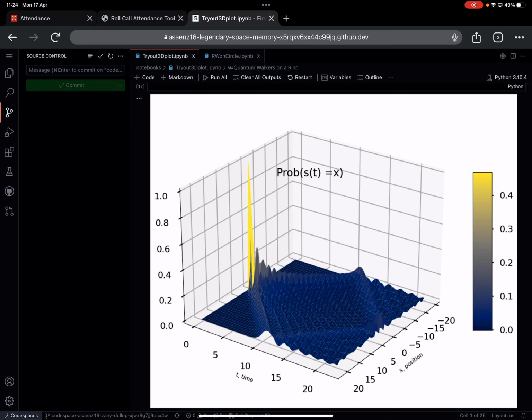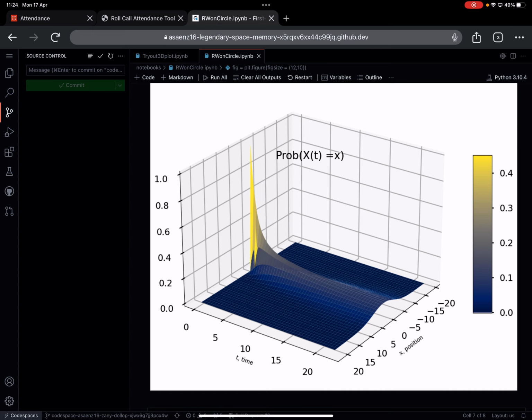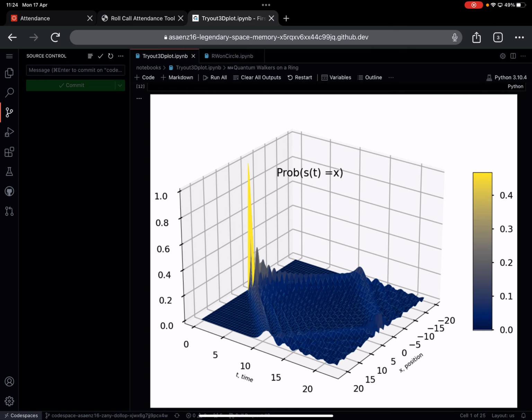You look at this one, and you can see that this probability function stays concentrated longer than the quantum one. And the quantum one spreads out much faster. And this allows you to search for things faster. So this is what gives you speed up over the classical case in terms of the quantum algorithms.